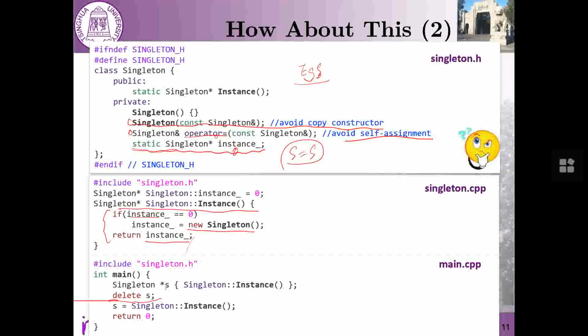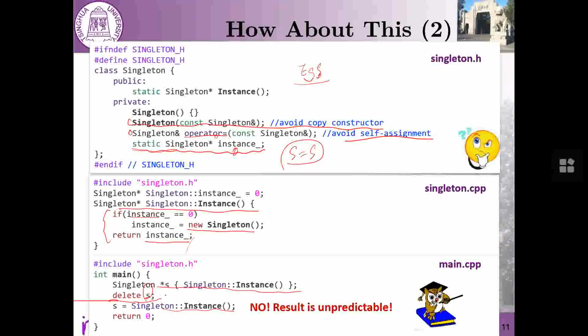Because, for example, if we get a pointer here and then we delete it, then we get the pointer again. What will happen? The result is unpredictable, indefinite, right? We don't know. Probably it will crash, right?